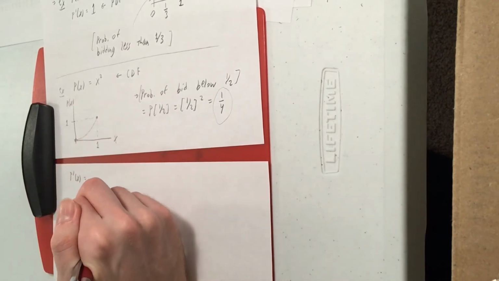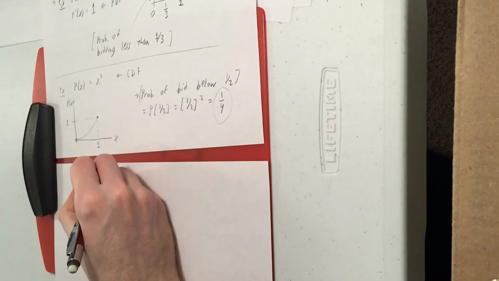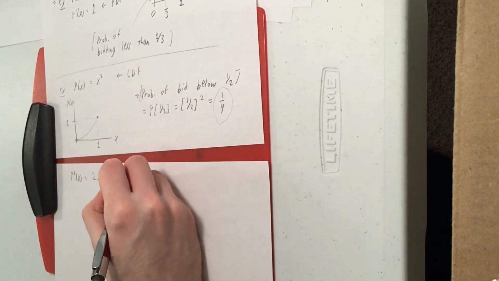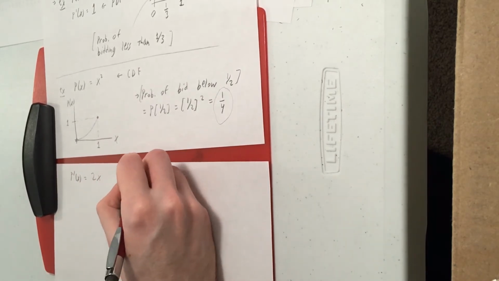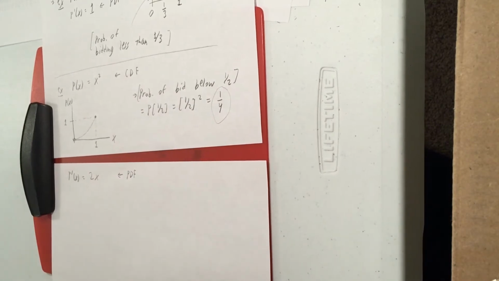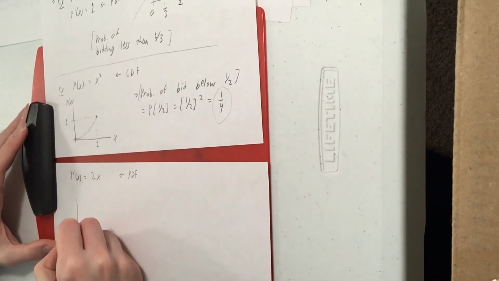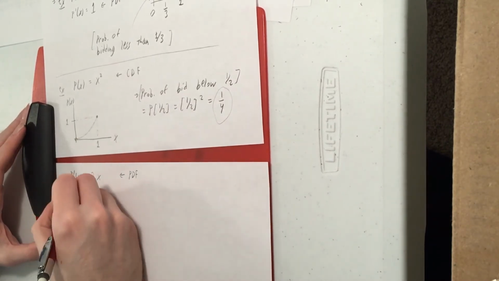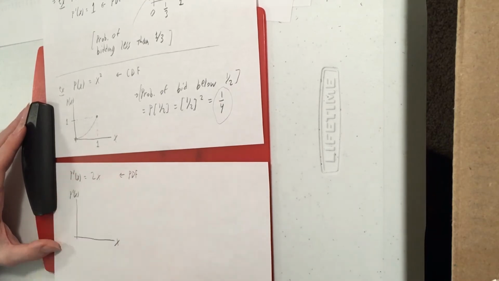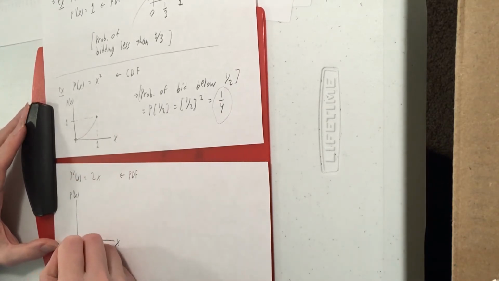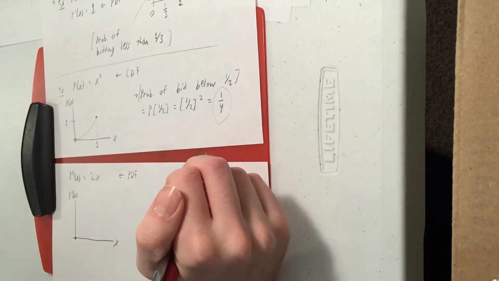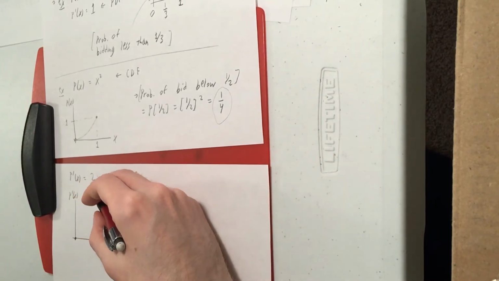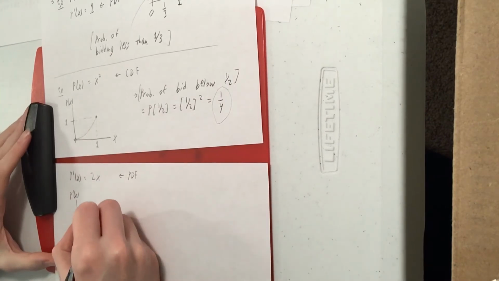So the derivative of x squared with respect to x will be 2x. So that means our intercept is 0, and it means that our slope is going to be 2.